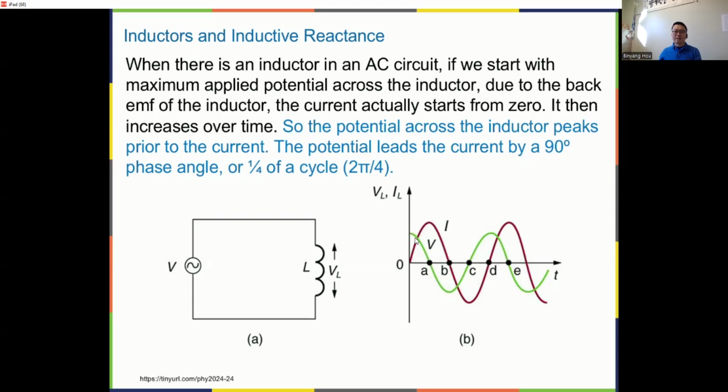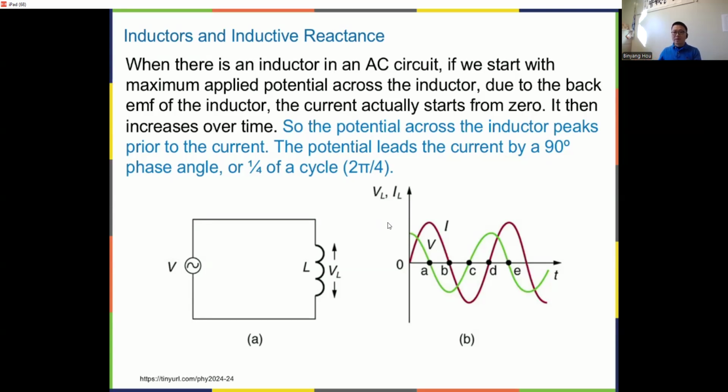So if the voltage peaks first, the current will peak later, in about 1/4 of the period. The period being 2 pi here, 2 pi divided by 4 gives you pi over 2, which is equivalent to 90 degrees. So voltage peaks first, current peaks later, a lag of 90 degrees or pi over 2.